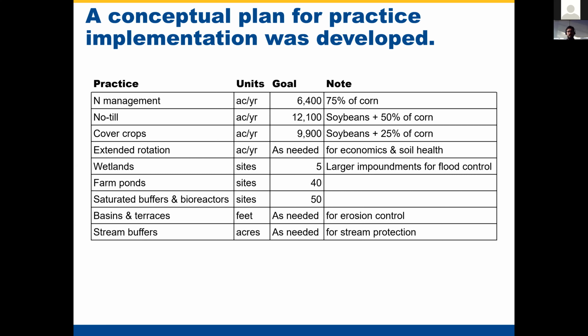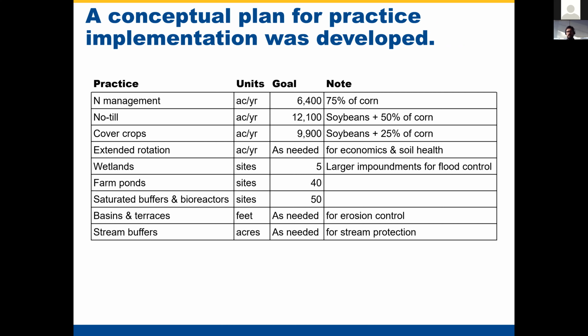So this would be nitrogen management, getting all corn acres to using the maximum return to nitrogen rate on 75% of the acres. No-till being used on all soybean acres and half of the corn acres. Again, cover crops on all soybean acres, or all acres prior to soybean, as well as 25% of acres going to corn. And those are the main in-field practices that people can use, so they have to do directly with crop management.